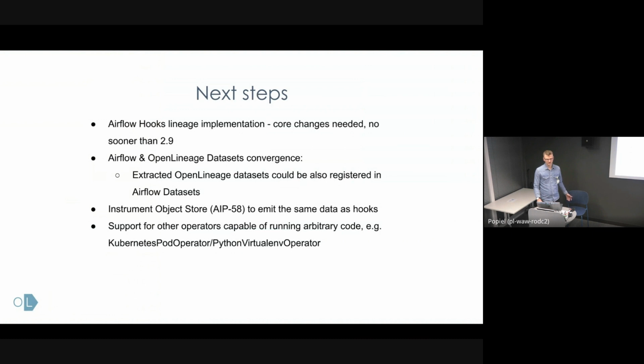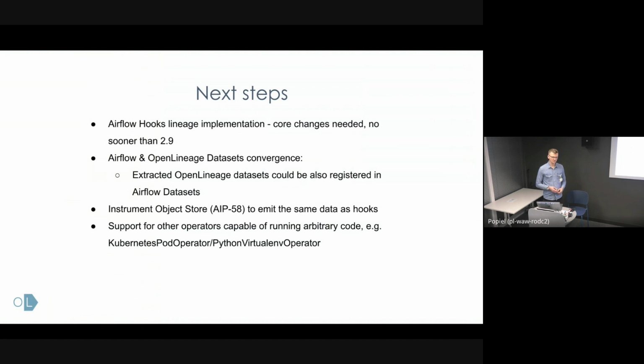So right now, whenever there is some event registered on an Airflow dataset, we could emit some additional OpenLineage event, and in the opposite direction, we could parse and create OpenLineage datasets as inlets and outlets, and let Airflow know that some dataset had been changed. So that would be bidirectional profit for Airflow and OpenLineage.